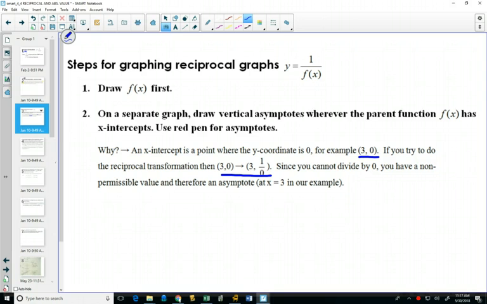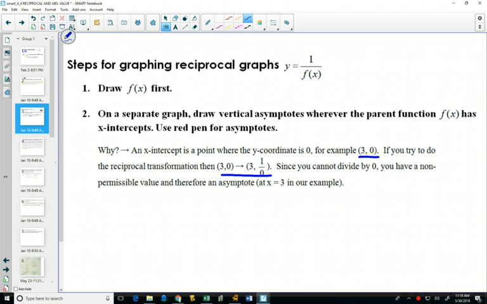And that's bad. That's a non-permissible value. That's dividing by 0. And so what do we do whenever we divide by 0? Well, we've seen in graphs that that's either a hole in the graph or a vertical asymptote. And for reciprocal graphs, it'll always become a vertical asymptote.